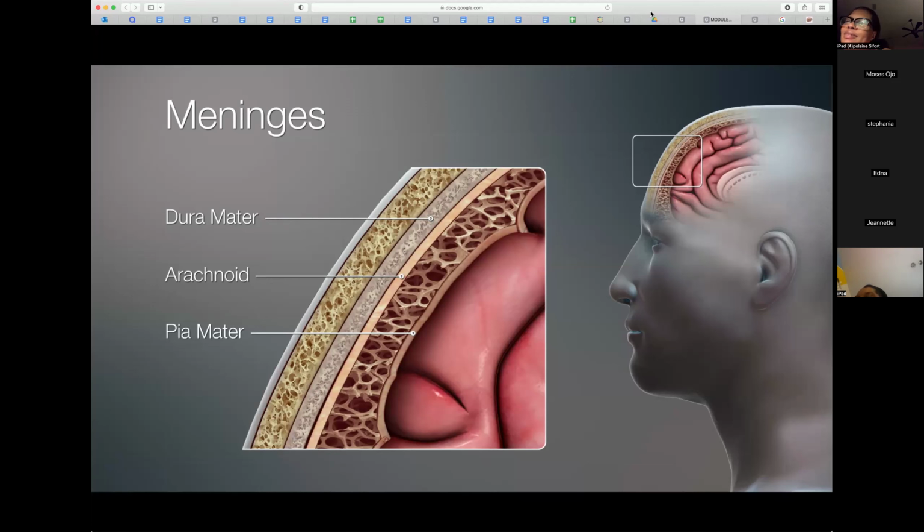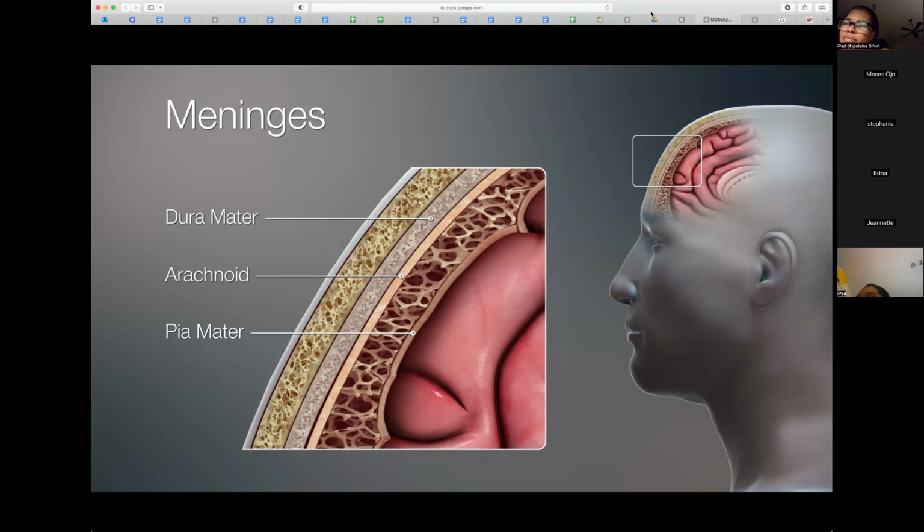And what does mater mean? Mother, very good. So dura mater, she's a tough mother. She's very tough. The dura mater feels very tough, and it's a protection. So dura mater is a very tough layer.